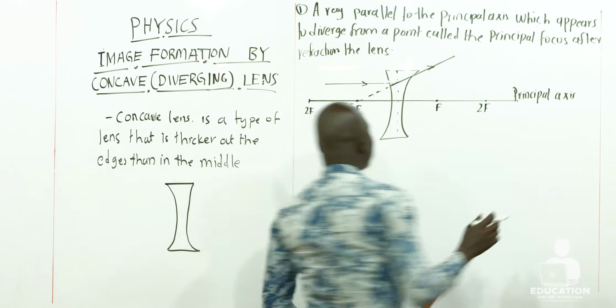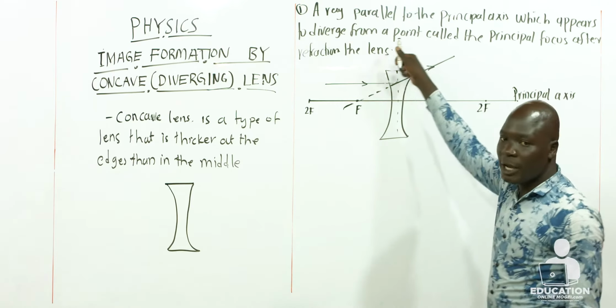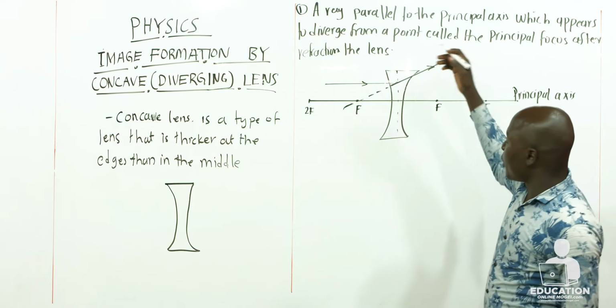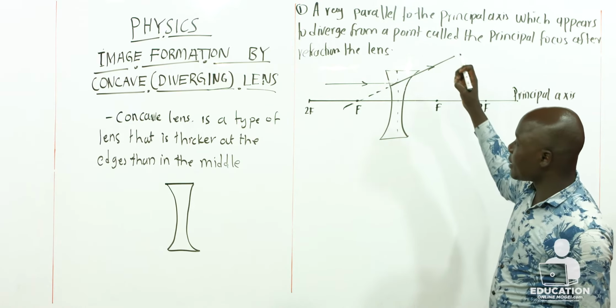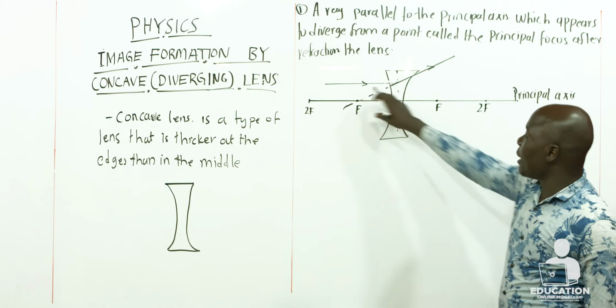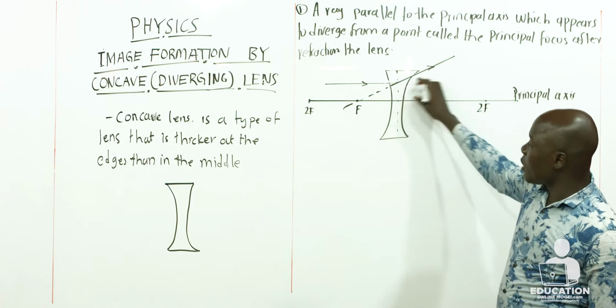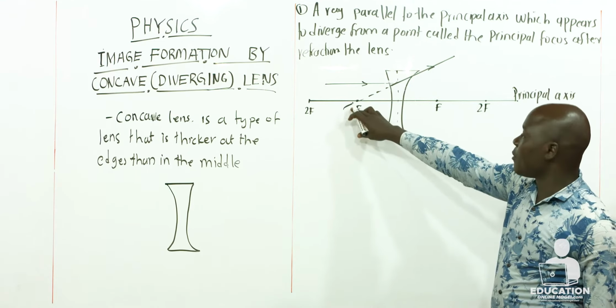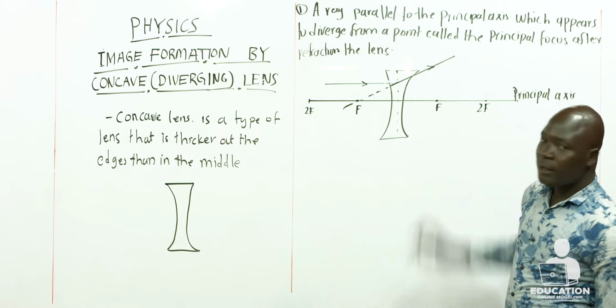So this is one of the rays that we shall use when we are drawing the ray diagram to indicate the characteristics and the position of the image formed by the concave lens: a ray parallel to the principal axis which appears to diverge from a certain point called the principal focus after refraction from the lens.